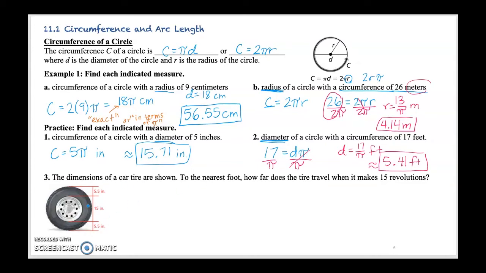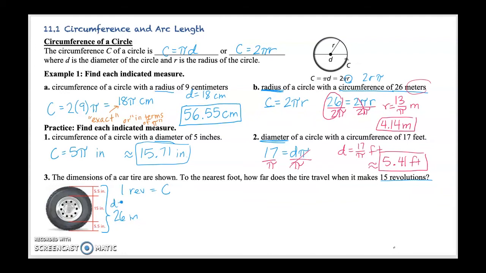The dimensions of the car tire are shown. To the nearest foot, how far does the tire travel when it makes 15 revolutions? We would need to know how far it traveled in 1 revolution, which would be the circumference, the distance around the circle once. So let's add these up to get the total diameter. That would give me 15 plus 5.5 plus 5.5 is 26 inches.